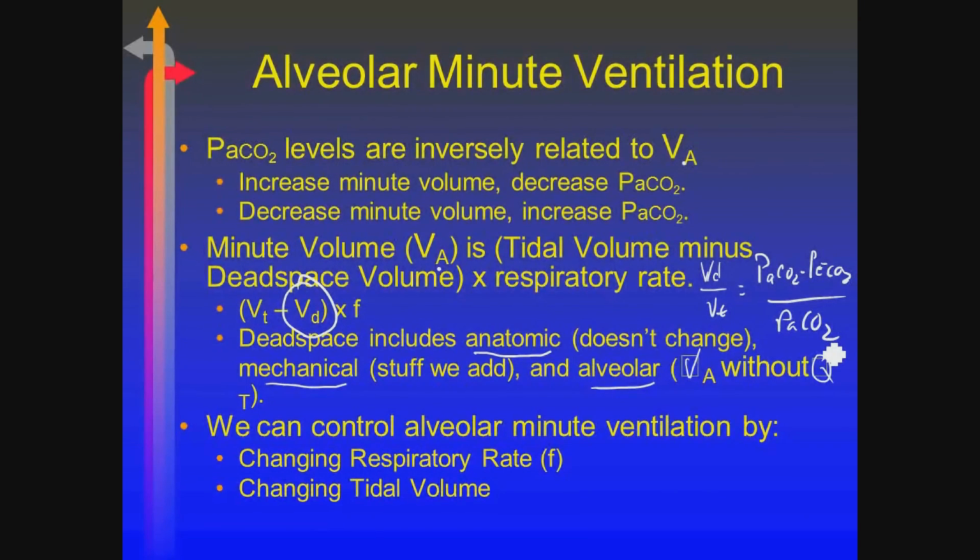PaCO2 minus the mixed expired CO2, divided by the arterial CO2, will give you a fraction, which is the VD/VT ratio. Normally it's somewhere on the order of 0.3 to 0.4 ballpark, maybe a little bit lower on the low end. A third of your tidal volume is wasted.